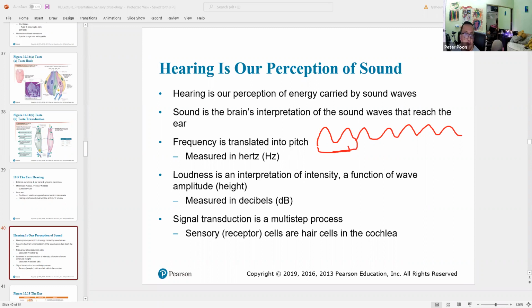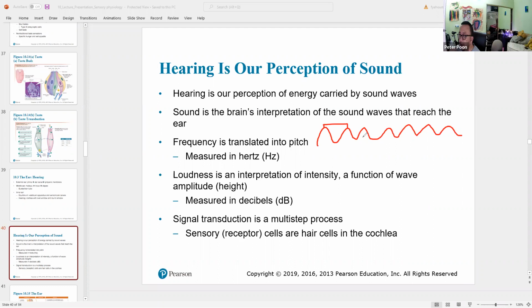To be more precise, it is measured from top to top. That is a frequency. How many times this wave occurs per second is the frequency.